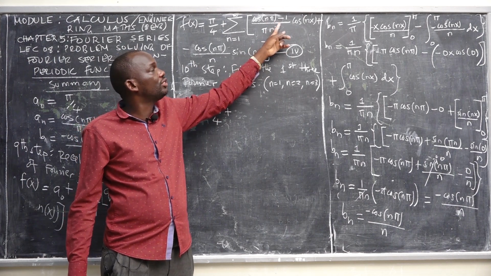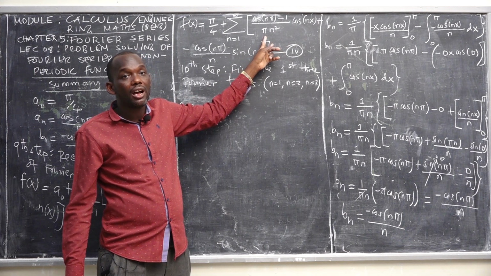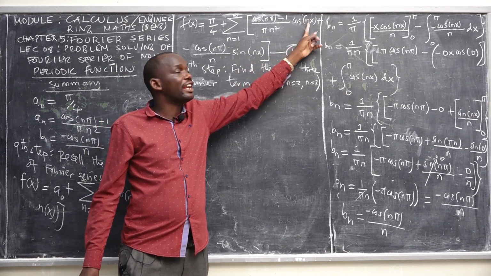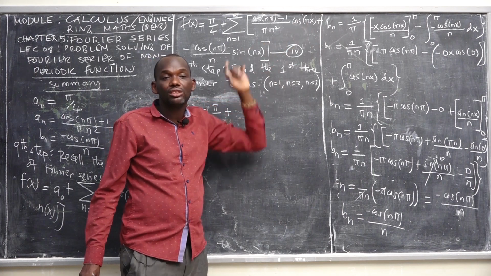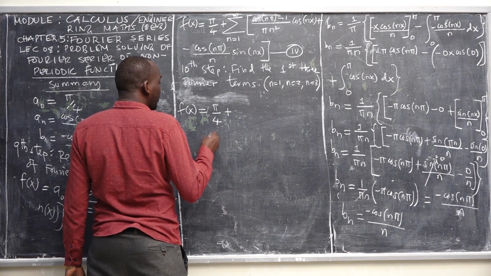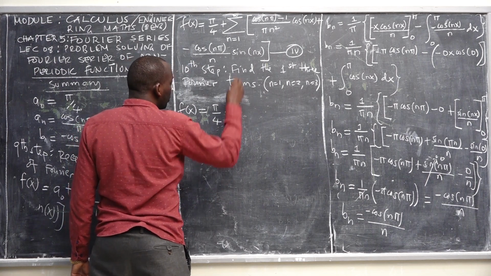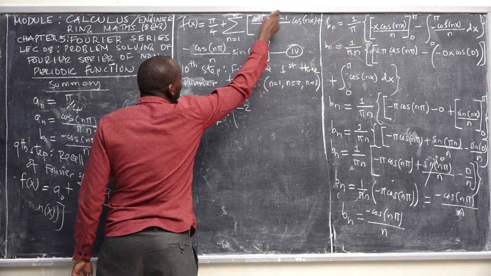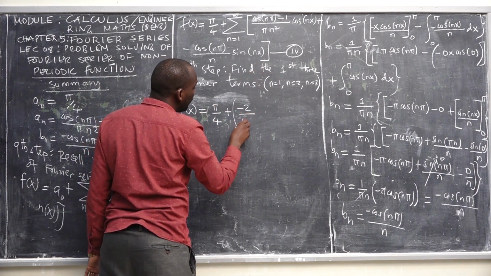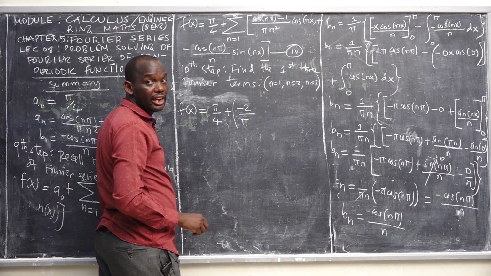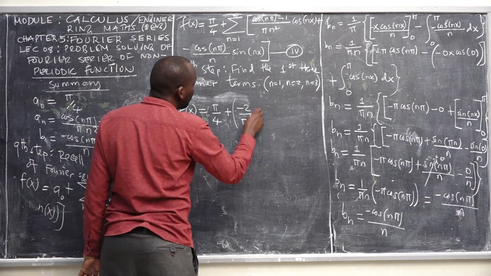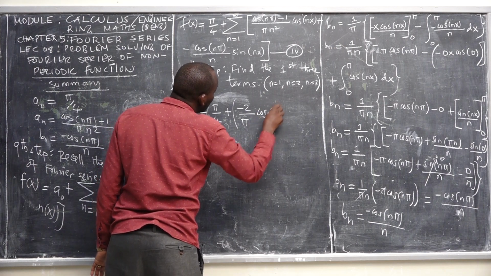So we'll have negative 2 over pi. Then cos of x. So we'll have negative 2 over pi for this term when n is equal to 1, then cosine of x.